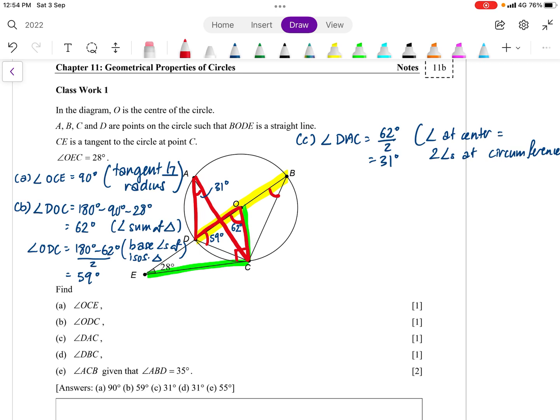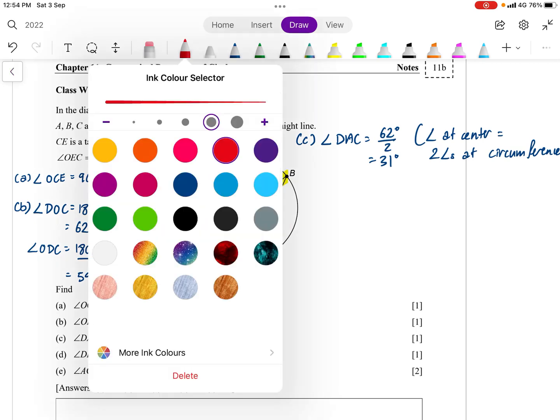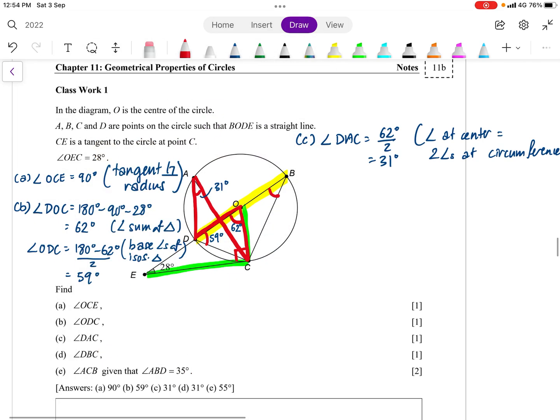This can also be seen as an angle at center, 62 degrees, divided by 2 to get angle DBC, because it is also angle at the circumference coming out from point D and point C. You see, I can also extend my red line from D to B, from C to B. So this is also 31. Can you see that this is also 31? Angle at center is 62, twice angle at circumference at DBC. So it's also 31. This is one way of seeing it.